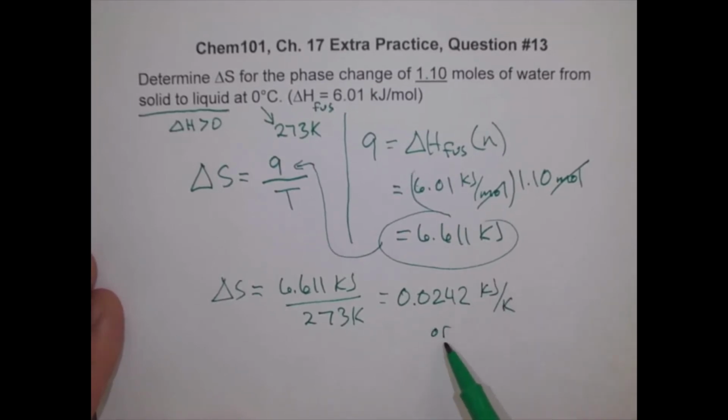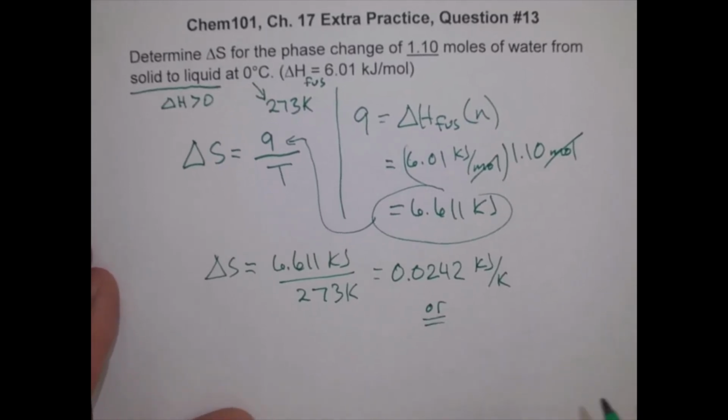But we typically will express entropy values in units of joules per Kelvin. So I can multiply this times 1,000 and move the decimal place over 3. And so it becomes 24.2 joules per Kelvin. Okay, so that would be the answer.